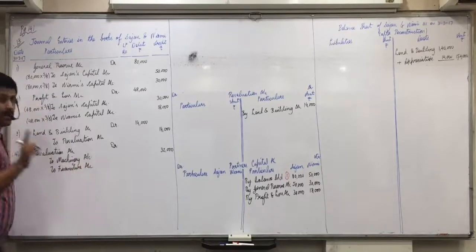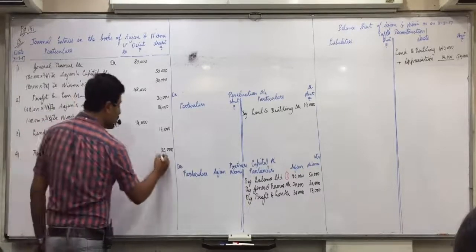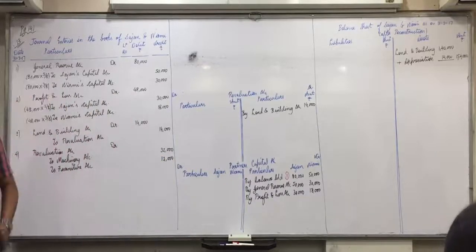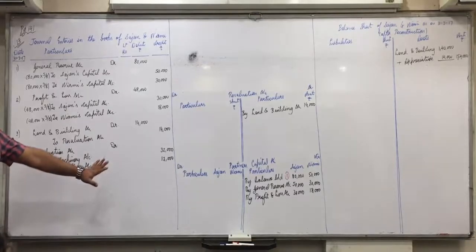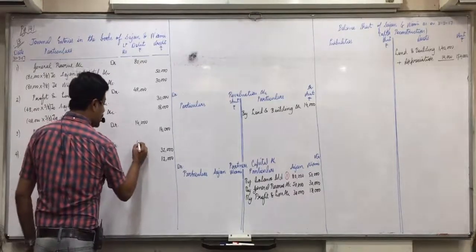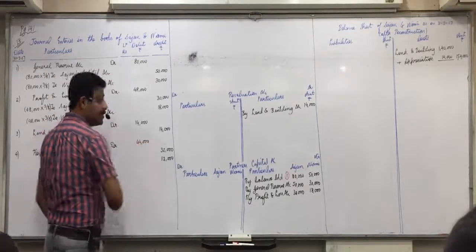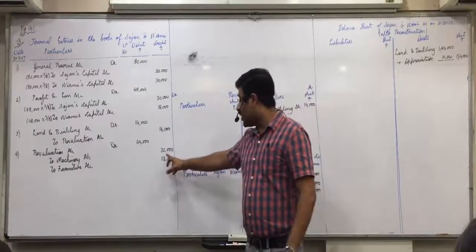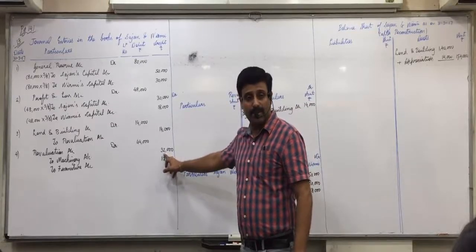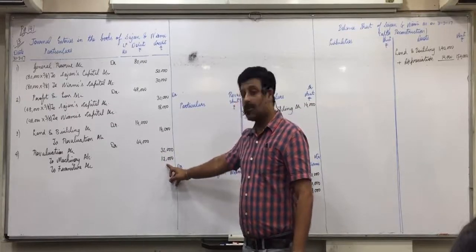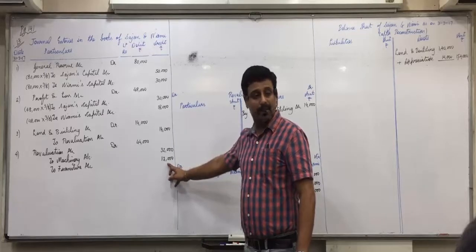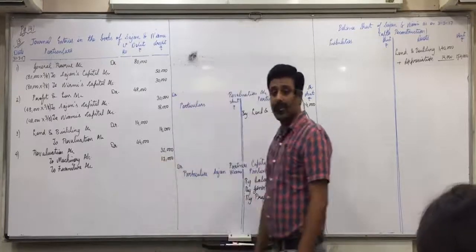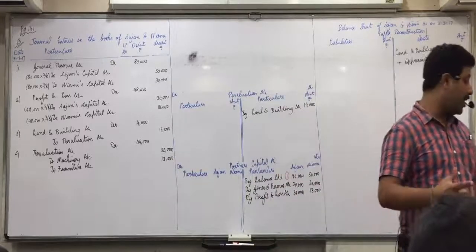Furniture is 30,000. 30,000's 40% loss is 12,000. 44,000. Anyone having any doubt in this? Revaluation account debit with 44,000. I repeat it. Machinery's loss, 80,000's 40%, 32,000. Furniture's loss, 30,000's 40%, 12,000. So revaluation debit with total 44,000. Any confusions?